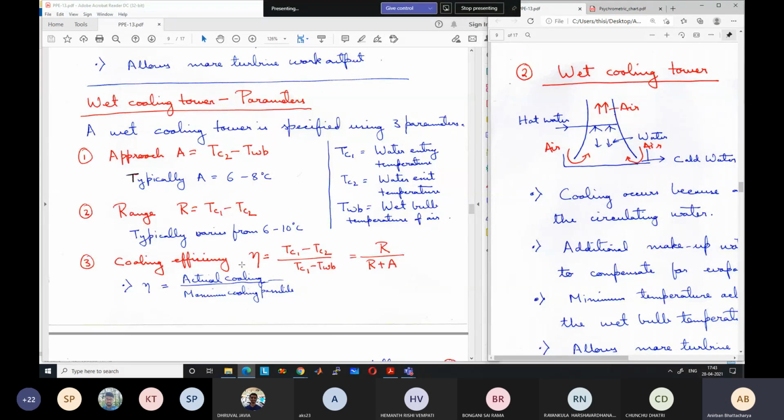So our efficiency for our problem is 10 by 16. This TC1 minus WB can also be written as TC1 minus TC2 plus TC2 minus WB, which is equal to range plus approach. So efficiency is equal to range divided by range plus approach. In our case, this is 10 by 10 plus 6, so 10 by 16. So this is the efficiency of a cooling tower.